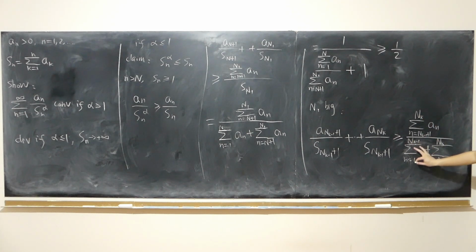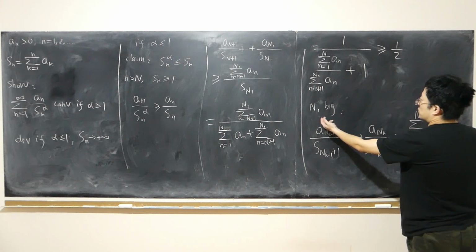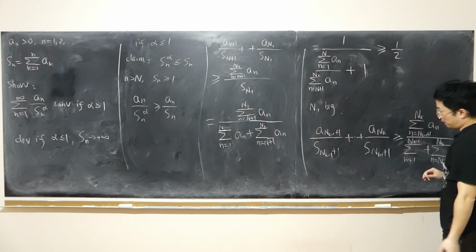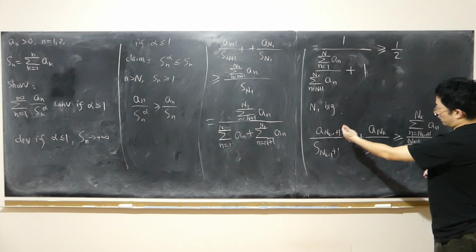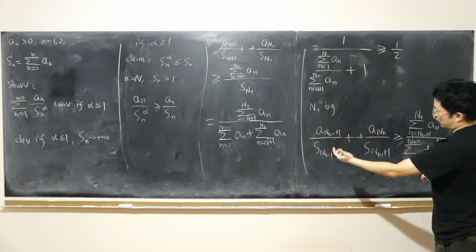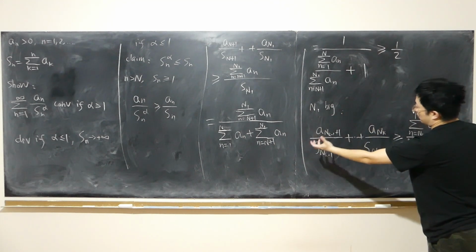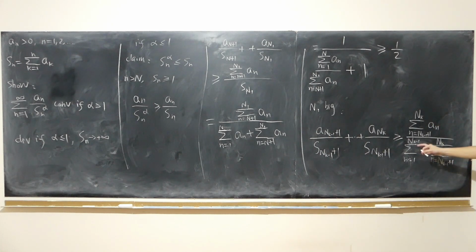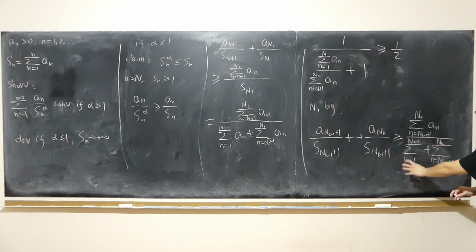And this sum, again, is fixed. Like I said, I choose capital N1 to be big enough, so on and so forth, capital N2 to be big enough, capital N3 to be big enough, so it's capital N sub k minus 1 to be big enough. But still this is fixed, so still a fixed partial sum, right?